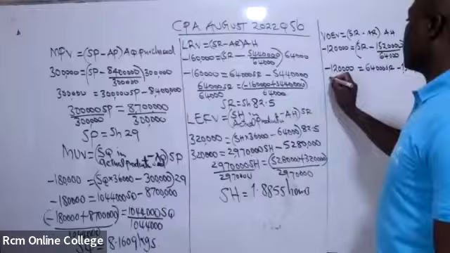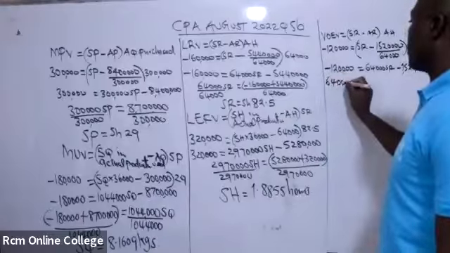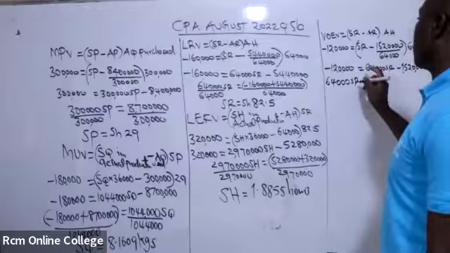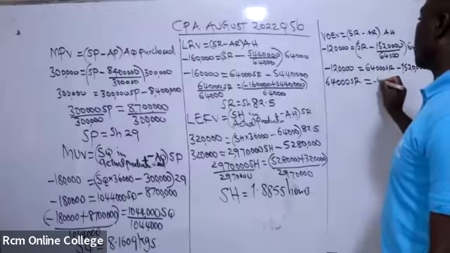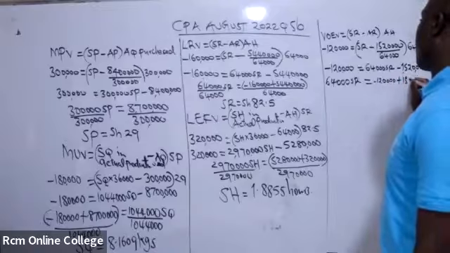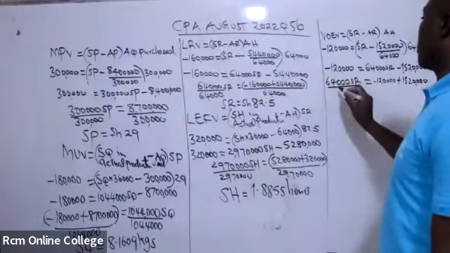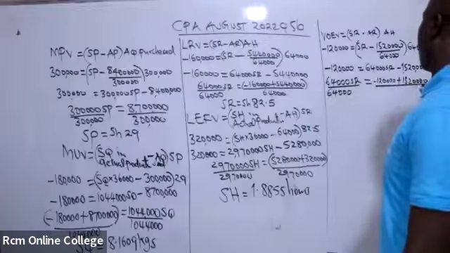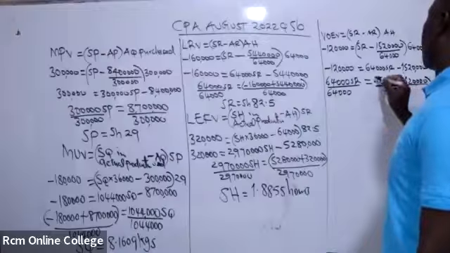So 64,000 standard rate is equal to negative 120,000 plus 1,520,000, right?